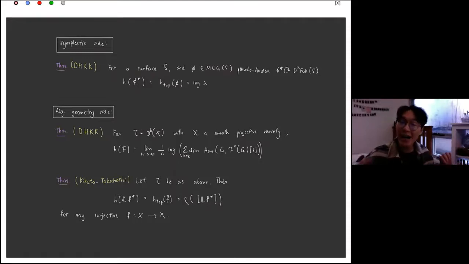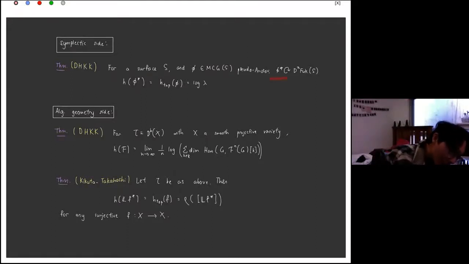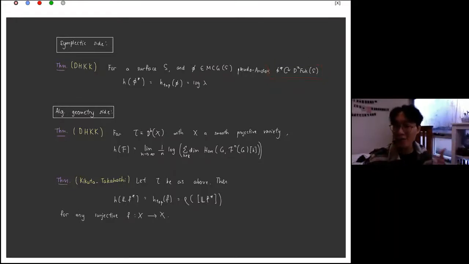If you take higher and higher powers of the element, the simple closed curve gets more and more complicated, meaning the intersection number grows very quickly, or there's a lot of mixing going on. And what you can do is consider the triangulated category version of the Fukaya category.